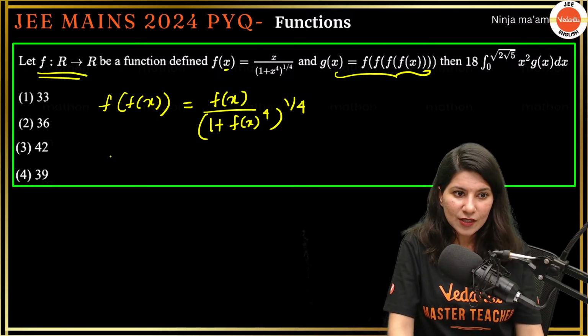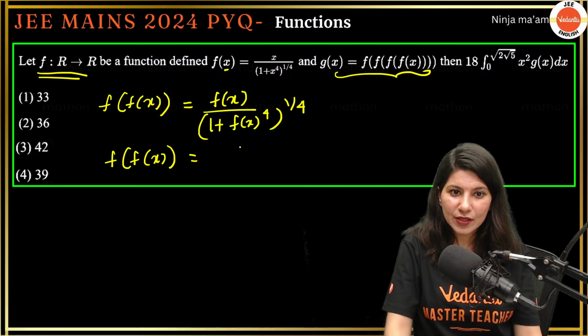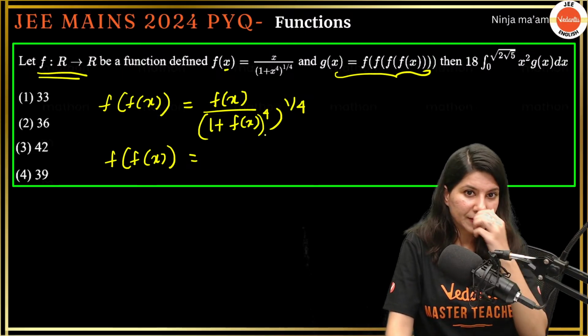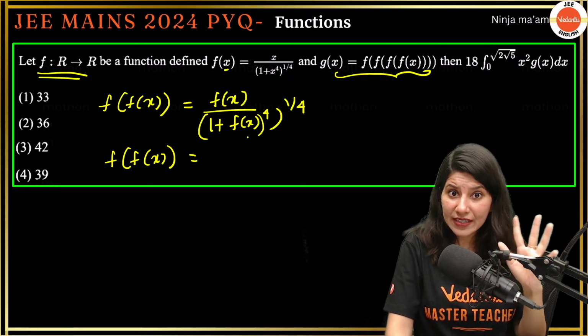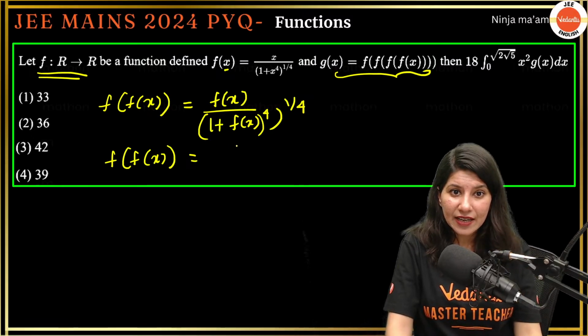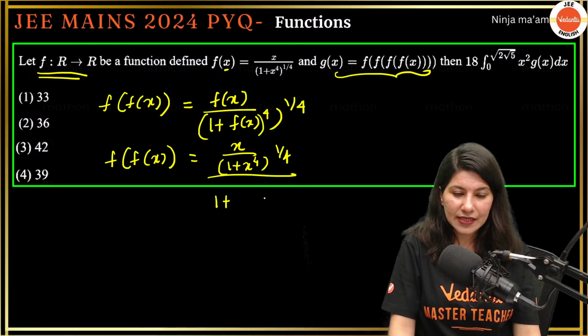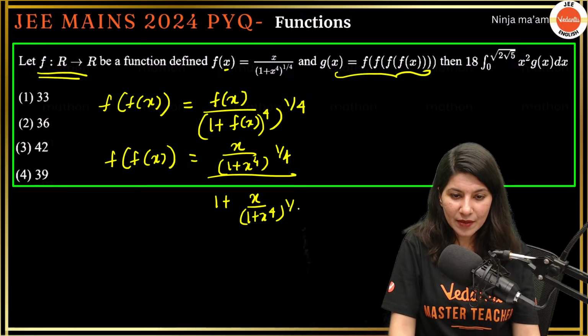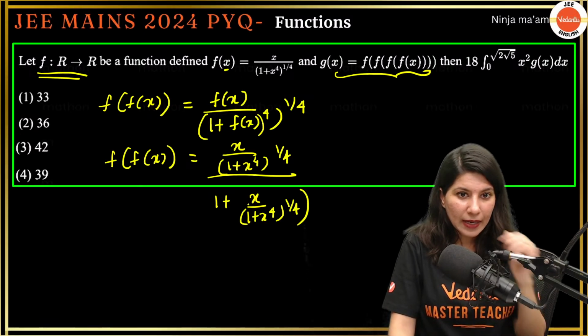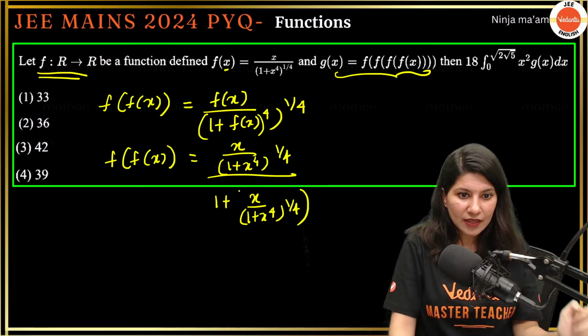Correct? So if you solve it, now you have to put the value of f(x). f(x) is x upon 1 plus x power 4, power 1 by 4. This is f(x) upon 1 plus x upon 1 plus x power 4, power 1 by 4, and whole raised to power 4.